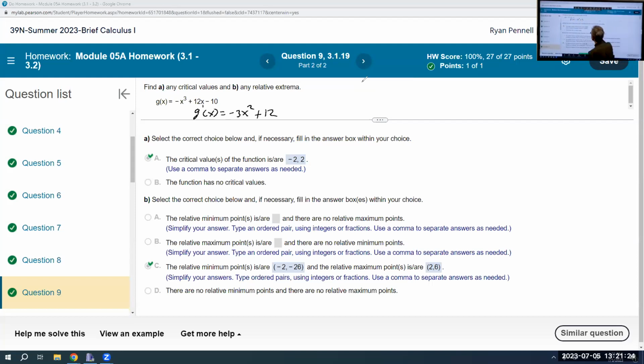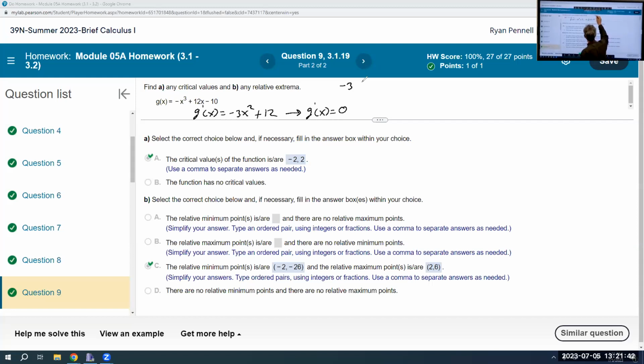If I set that equal to 0, g prime of x equals 0. Now, why am I doing that? I'm going to solve where the slope goes to 0. That will tell me that there's some kind of critical point there. So that's why I'm setting it equal to 0.